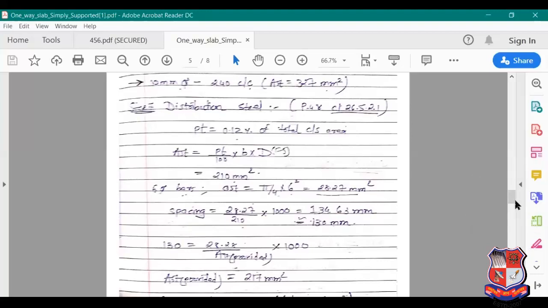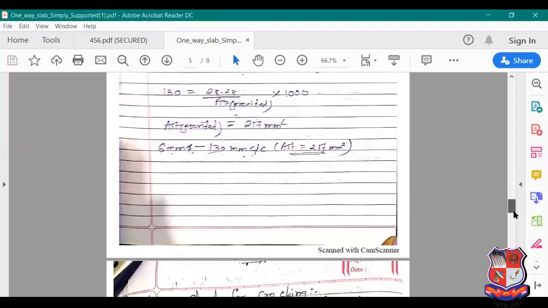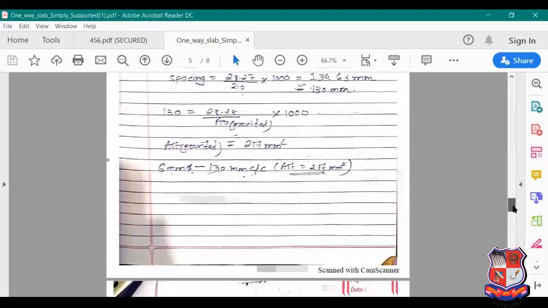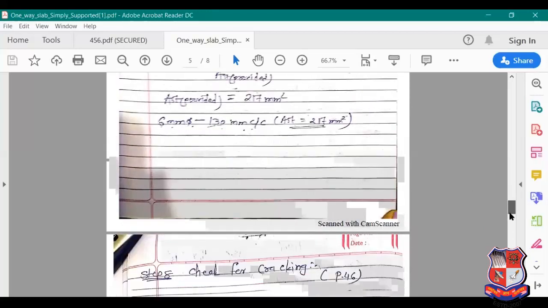Here D would be the overall depth, not the effective depth. Same procedure as we did for the main bar, and then we proceed to check. For this I have used 6 mm bars at 130 mm center spacing, and AST is 217 mm square.